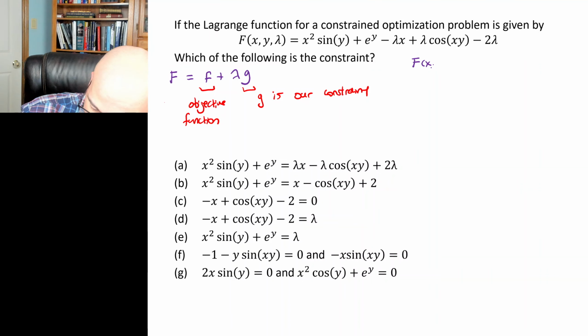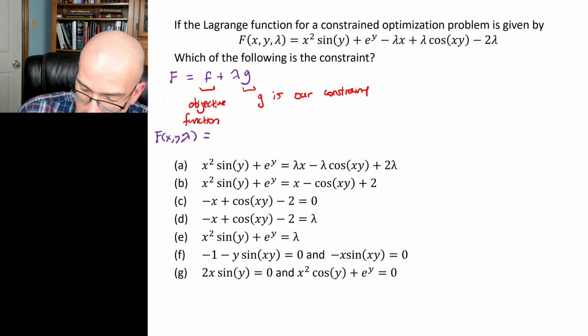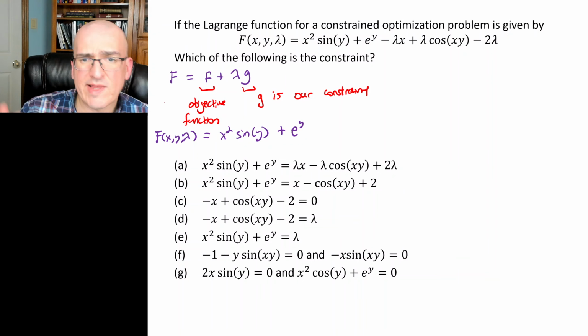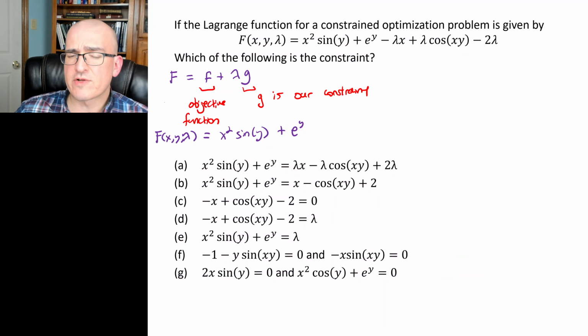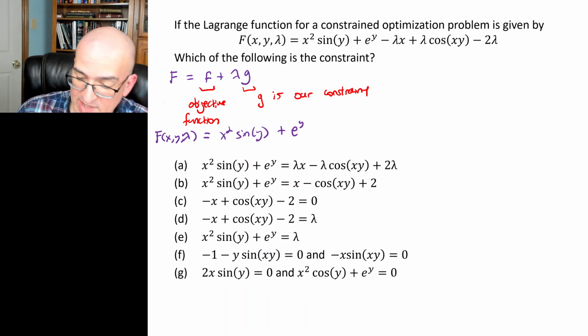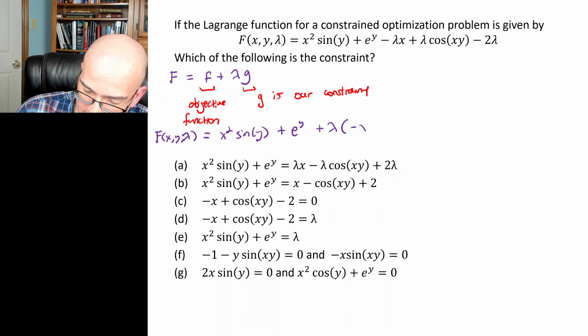F of x comma y comma lambda is equal to x squared sine y plus e to the y. So there's no lambda pieces in those, so they're not part of the constraint. The pieces with the lambda are part of the constraint. I'm going to common factor lambda out. So plus lambda times negative x plus cos of xy.